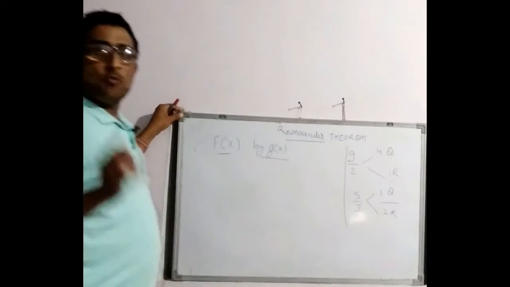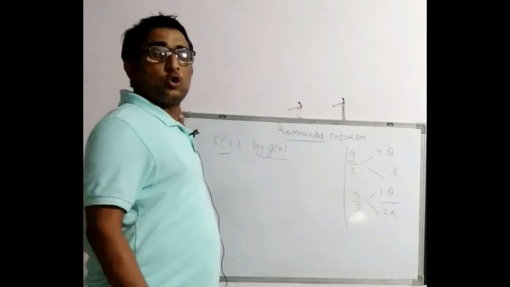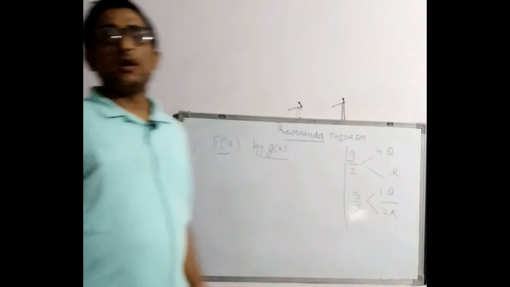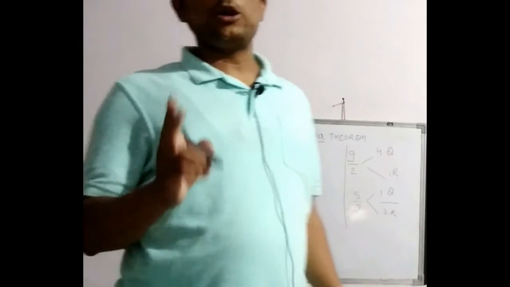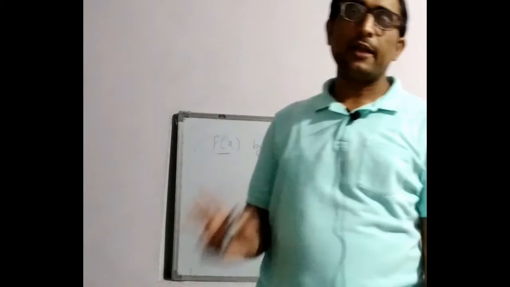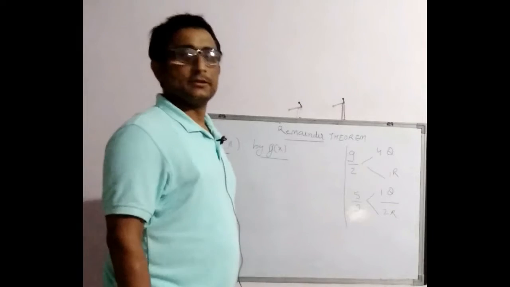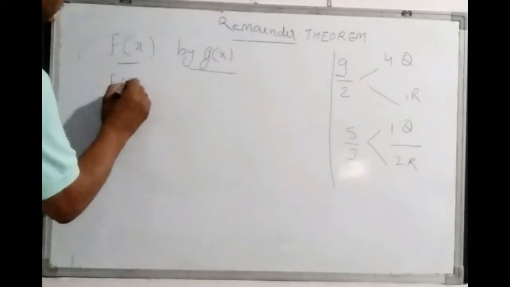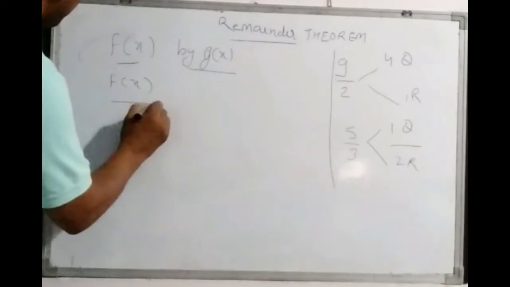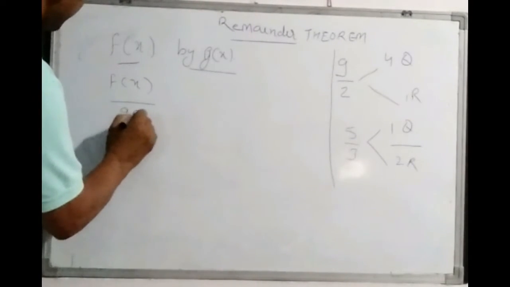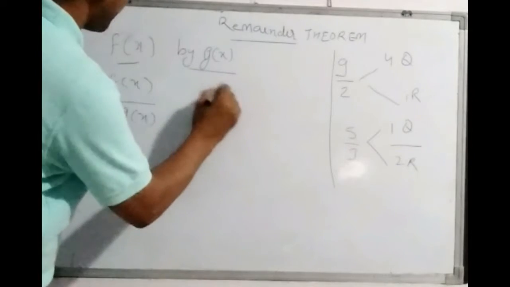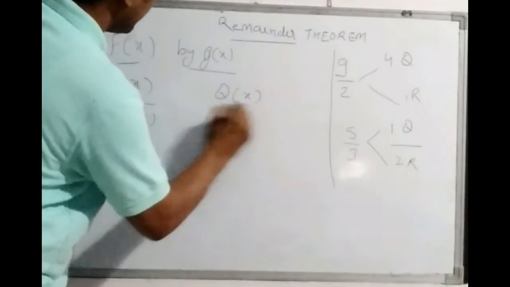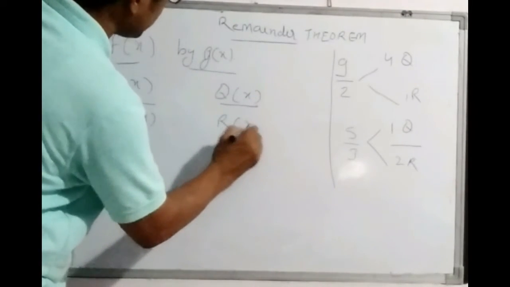I will get two more polynomials. One polynomial will be the quotient and the second polynomial will be the remainder. So let's see. If I divide f(x) upon g(x), then I will get q(x) as quotient and r(x) as remainder.